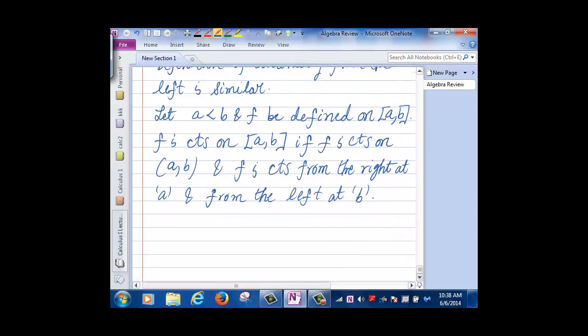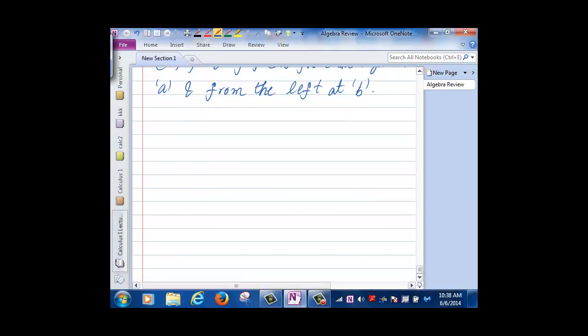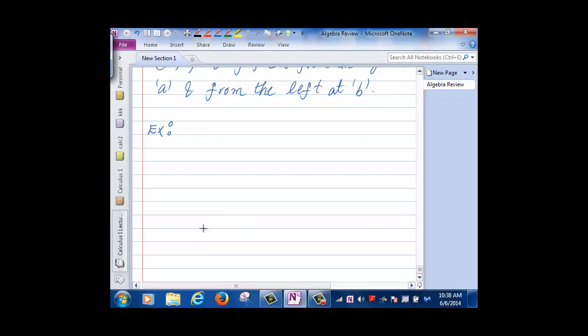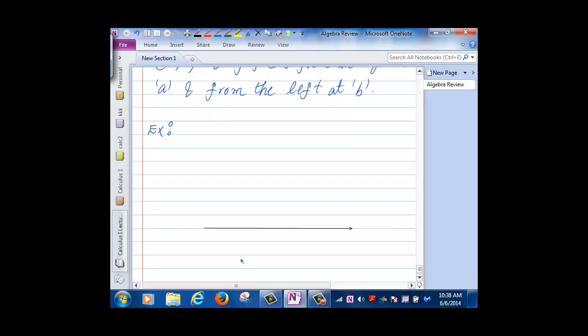Okay, let me give you some examples here. Let's say I have my x-axis and my y-axis, and an interval from a to b.